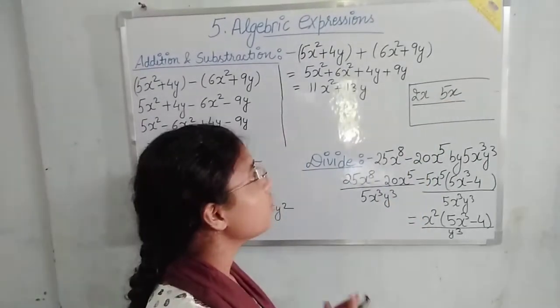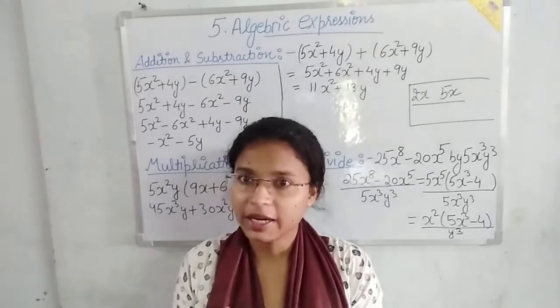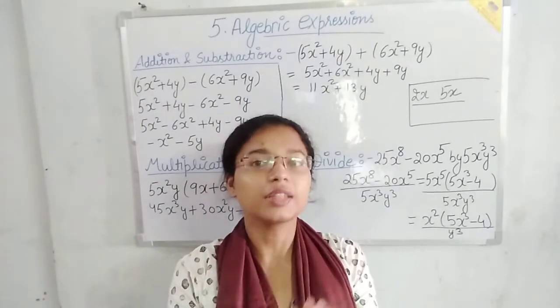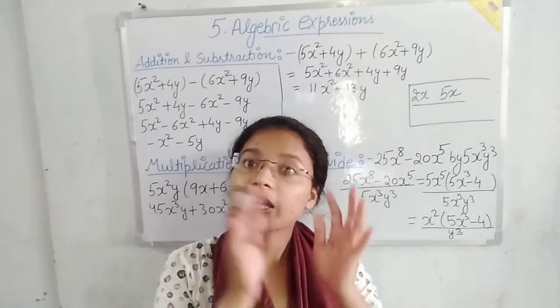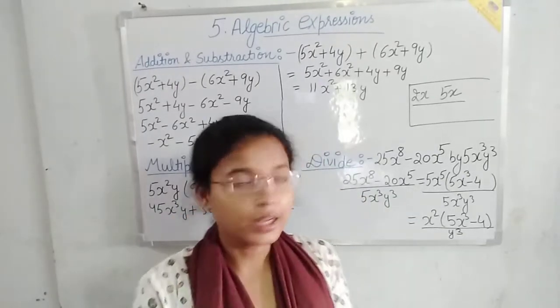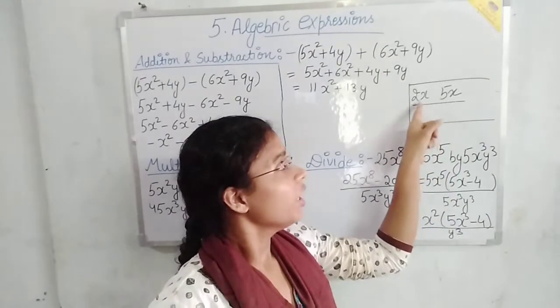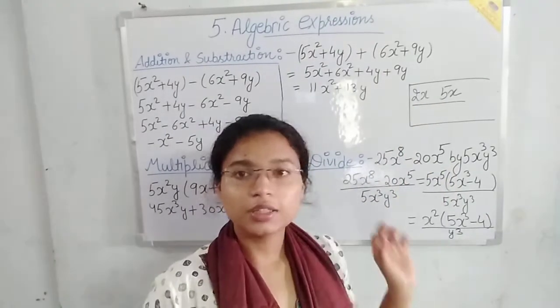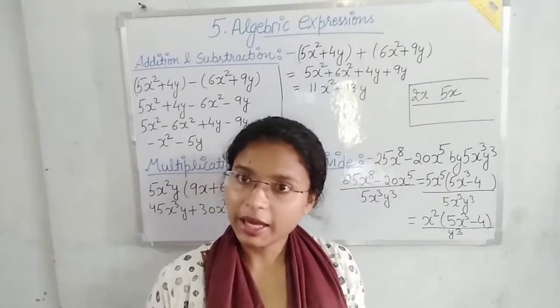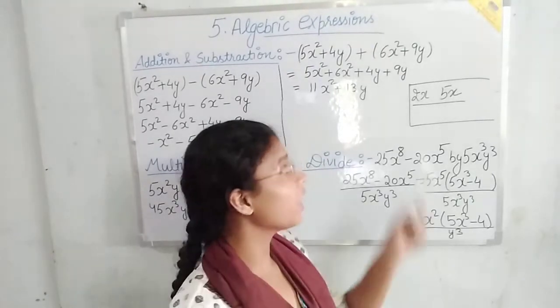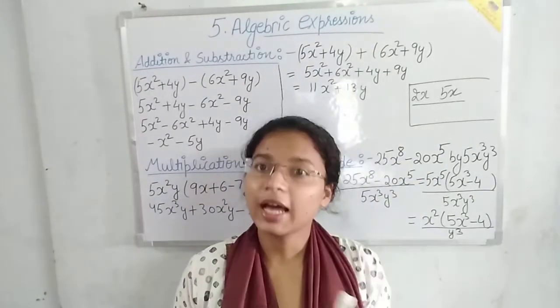Don't compare the constant terms, just compare the variables. If the variables are same, then we will say that both are the like terms. So in both the terms the variables are same, x, so we can say that both are the like terms.